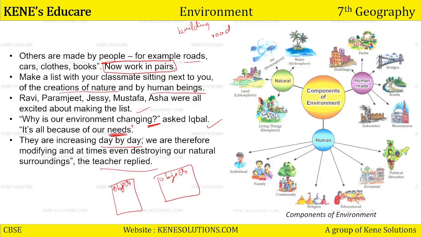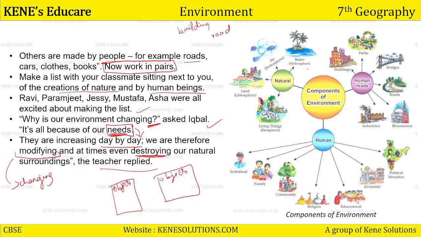Teacher said कि हमारी needs बढ़ती जा रही हैं, and that is why we are constantly modifying, constantly changing the character of the environment, and sometimes even destroying our nature also. Sometimes we are destroying our natural surroundings also to fulfill our needs, which is very wrong.